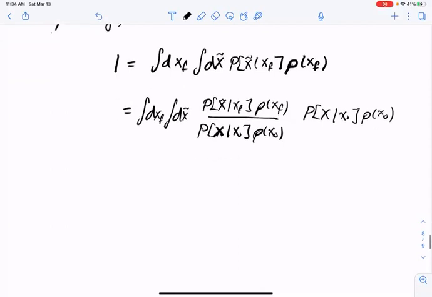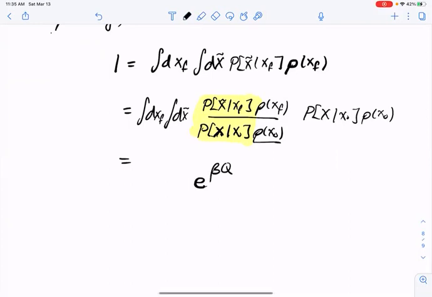The ratio of the transition probability of seeing a specific trajectory, from the Crooks fluctuation theorem, that's e to the beta q.